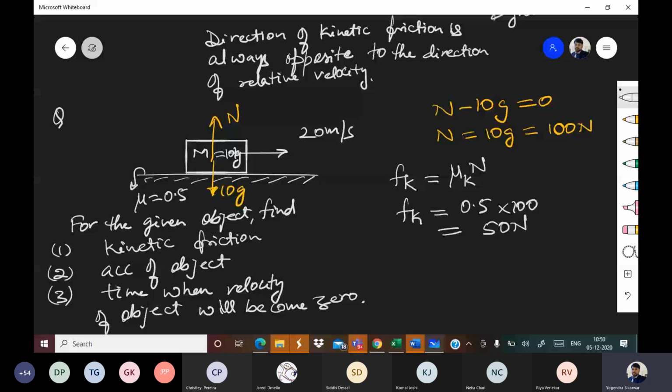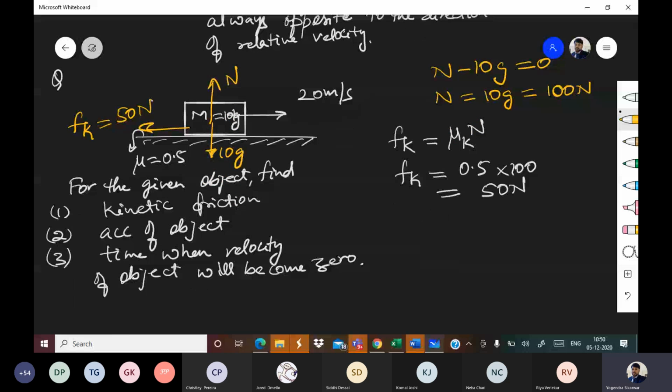Now pay attention everyone. The direction is this. So A will be Fk by M, 50 upon 10 is equal to 5. But the direction is opposite to velocity, so we can call it minus. It will be minus 5 meters per second square, and basically it is retardation.